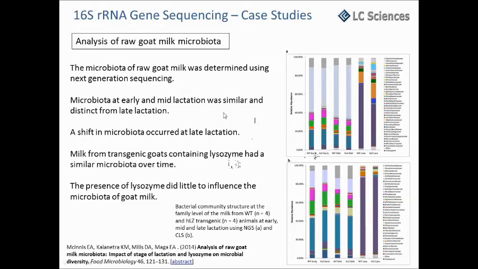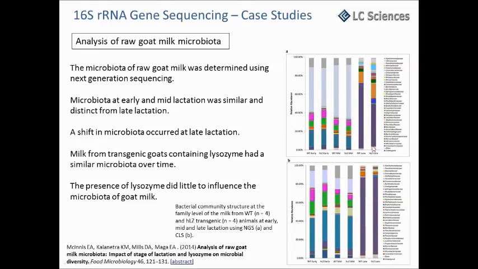And interestingly, they found that even though the milk contained the lysozyme, they didn't show much difference in the microorganism pattern between the wild type and the lysozyme-expressed milk. Even during the early stage, the middle stage, and the later stage, they have a similar pattern.